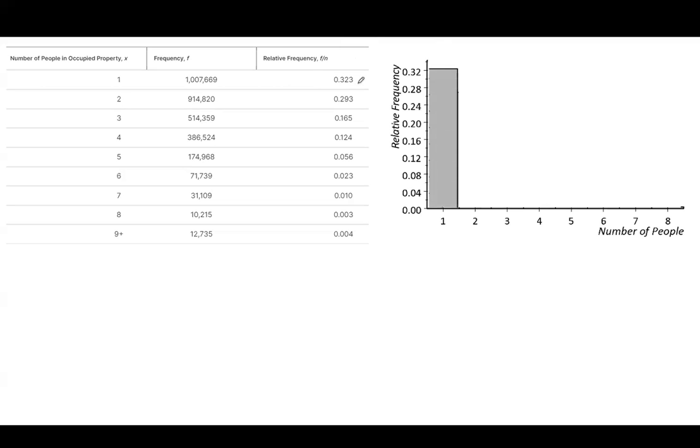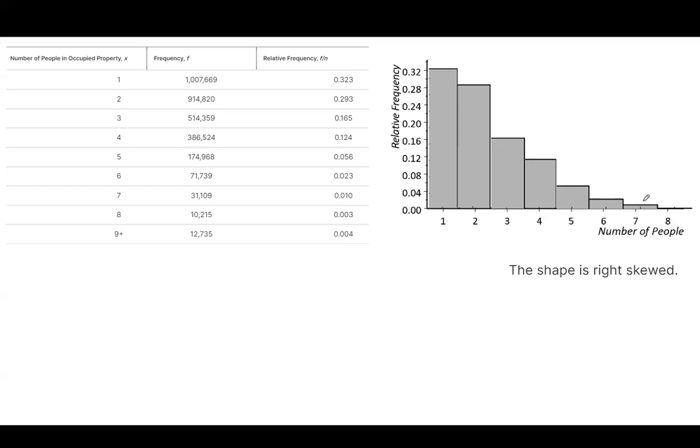So the very first bar is the tallest bar, then you have 29.3%, then 16.5%, then 12.4%, and you can continue. As you can see, the probabilities start decreasing, so the graph starts decreasing in size. Obviously, you have a tail on the right-hand side, so the graph is skewed to the right. The tail is on the right. You have a data set that is skewed to the right-hand side.